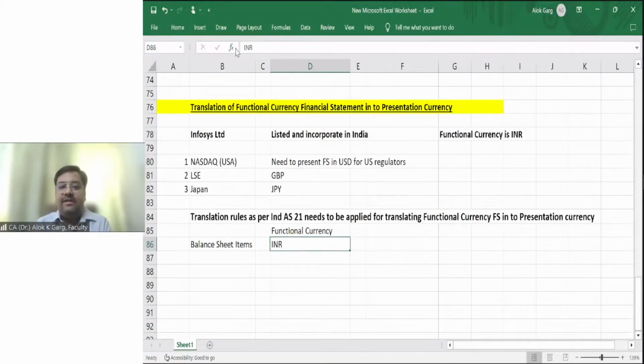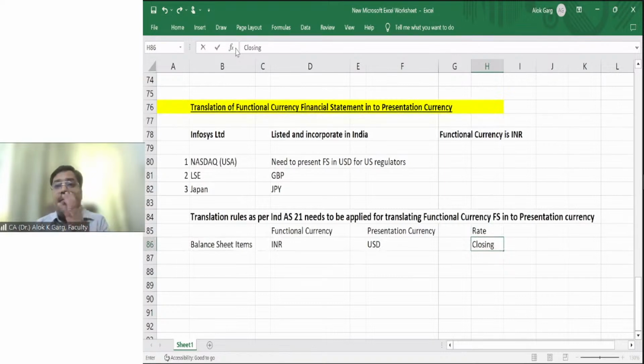Presentation currency, I'm just assuming, is USD. This balance sheet item has to be converted from INR to USD at the closing rate. Closing rate means if you are converting the March 23 financial statement, then you take whatever the closing rate is on 31st March 23.